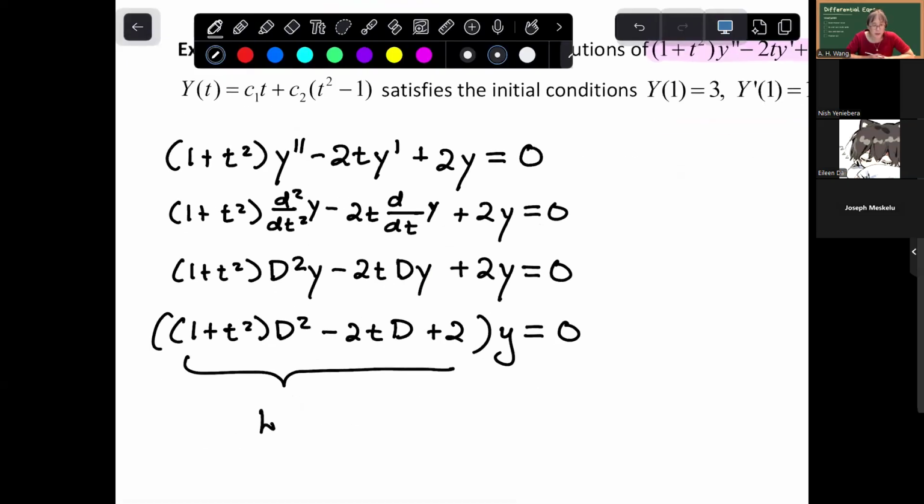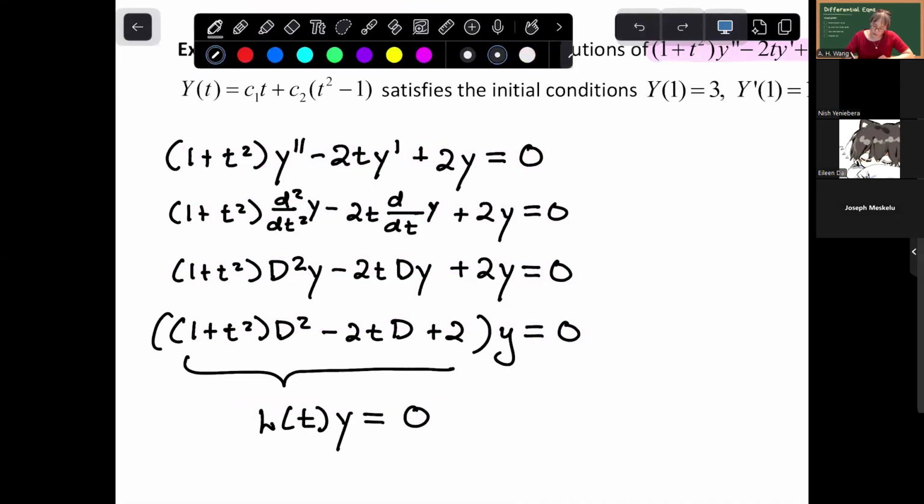Now, do I write L or do I write L of t? L of t. Correct. If it's not constant coefficients, then you write it this way. And now the concept is the differential equation is an operator acting on y equaling the zero function. And so these are 5 different ways to write the same differential equation.